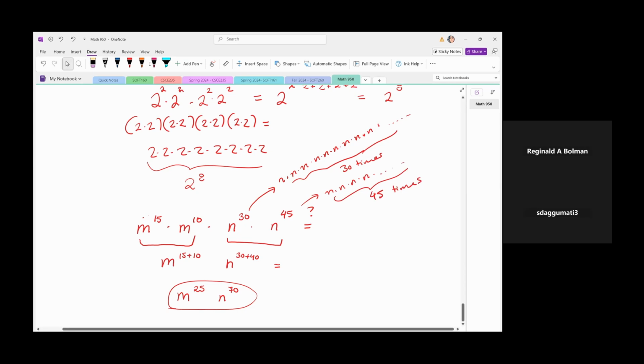And I hope that you can see that because you have 30 sets of n multiplied with 45 sets of n, in total, that would be 75 sets of n. 45 plus 30 gives you 75. 5 plus 0 gives you 5, and 4 plus 3 gives you 7. So 75 sets of n total. Okay, just to make an argument.